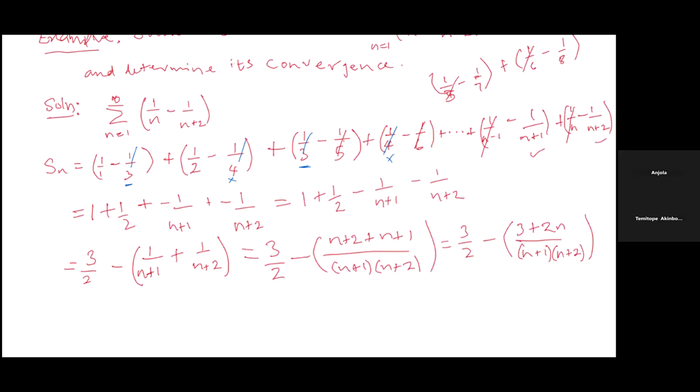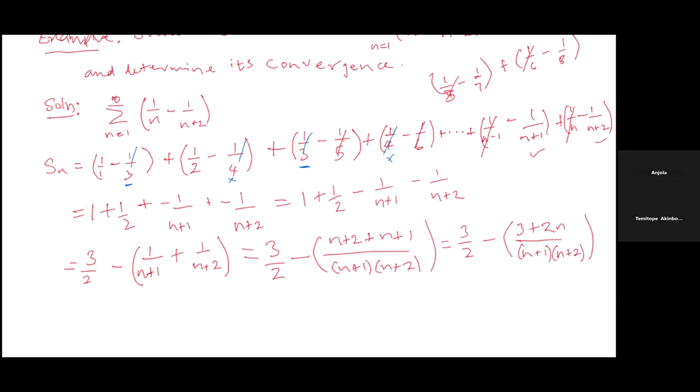So that means you can see that we've been able to reduce it to two entities now. So that's what we mean by a telescoping series. Because we've been able to reduce it to two entities, we have shown that it is a telescoping series.